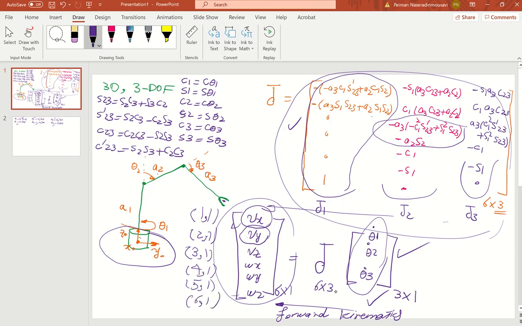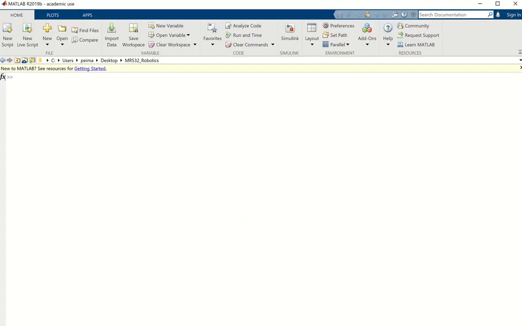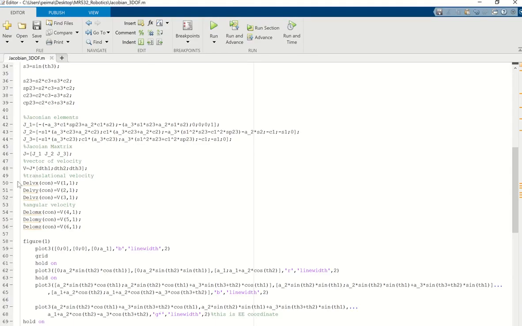So for having this vector in Matlab, this is enough that you say delta Vx, okay, I'm putting here, put in a counter, is V11, V21, V31, V41, V51, V61.